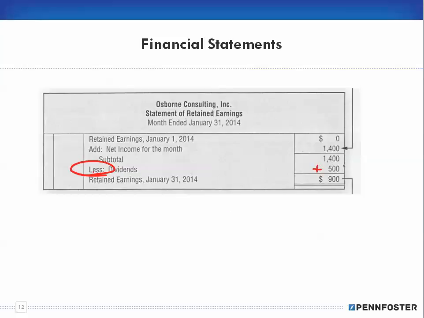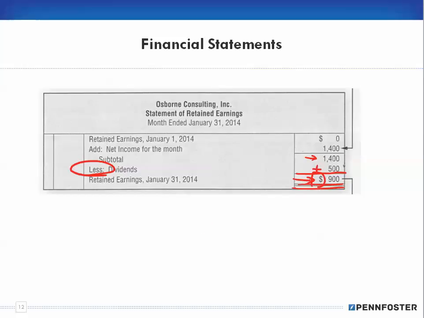But we know that it's a subtotal less the dividend, so it's 1,400 less the 500, which gives us the amount of $900, which is our ending retained earnings. So I have an underline for that calculation to give me the 900, and then I write my double underline because that's the end of the calculation, and I write in the dollar sign.